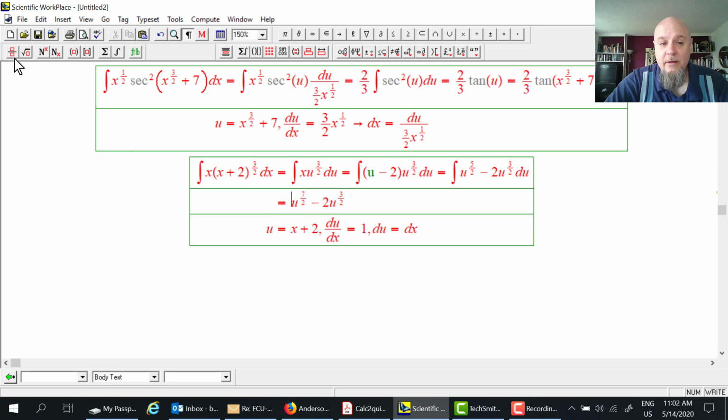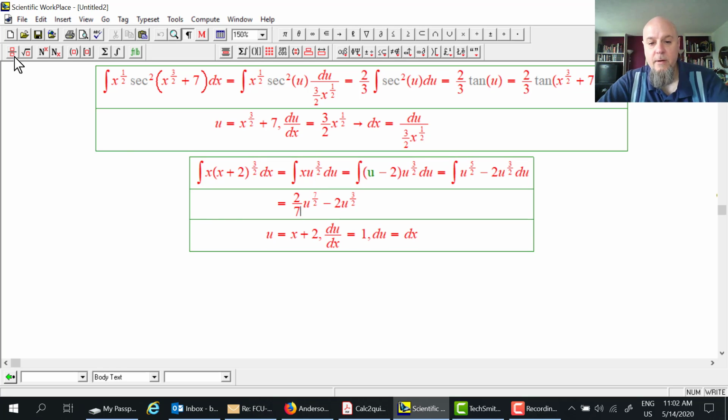Of course, dividing by 7/2 is the same thing as multiplying by 2/7, invert and multiply. I'm going to add one to this exponent, so it becomes a 5/2. Instead of dividing by 5/2, I'm going to multiply by 2/5. So this becomes a 2/5 times 2, that's 4/5. Now I'm done with my integration.